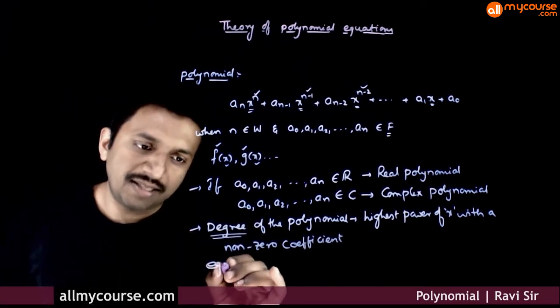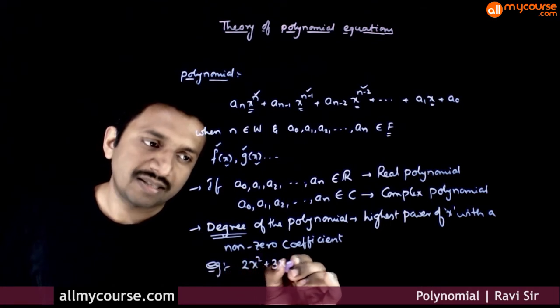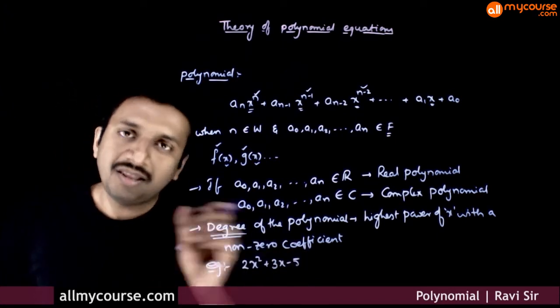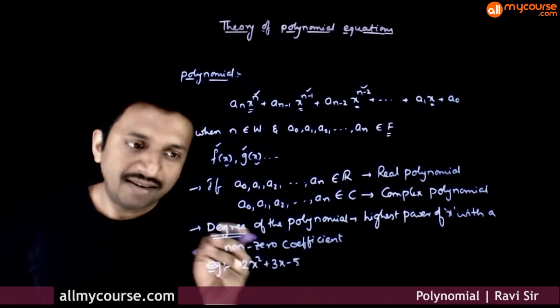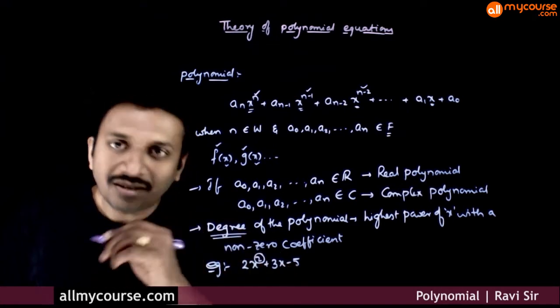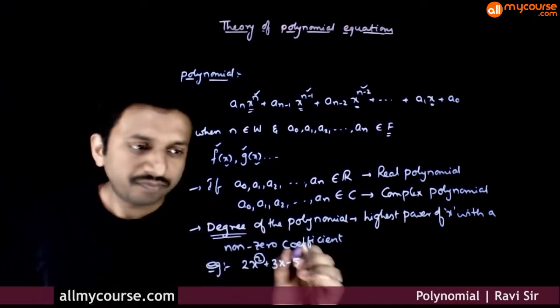If you take the example 2x^2 + 3x - 5, it is a polynomial in the variable x and the degree of this polynomial is 2, because x^2 is the highest power of x present in this expression.